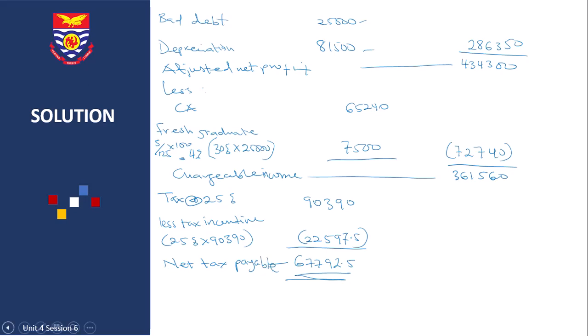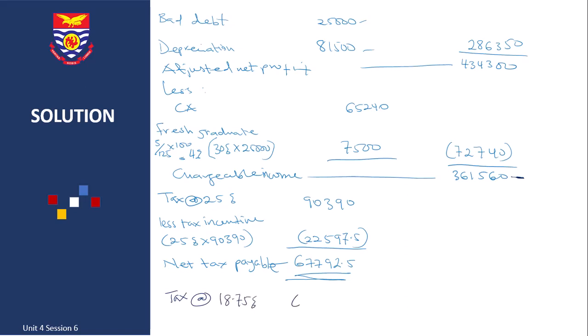With the computation of the tax, you can also use the straight method. So when you have your chargeable income of 361,560, you come to tax at 18.75%.